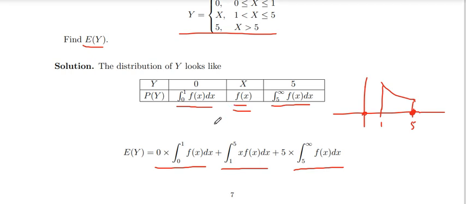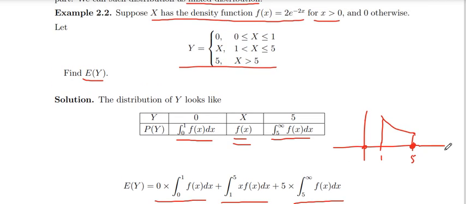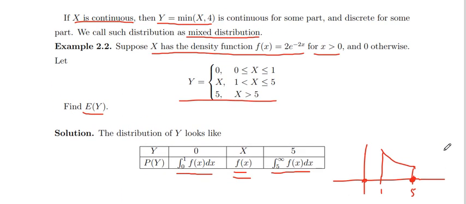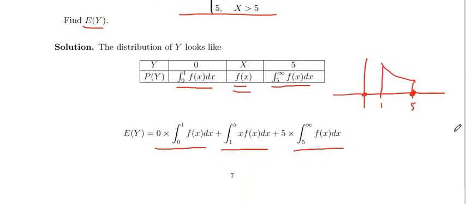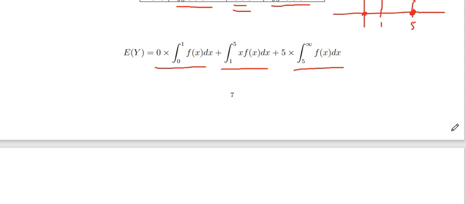Okay, so such a problem is a mixed distribution. So once you understand, the things become a math problem.